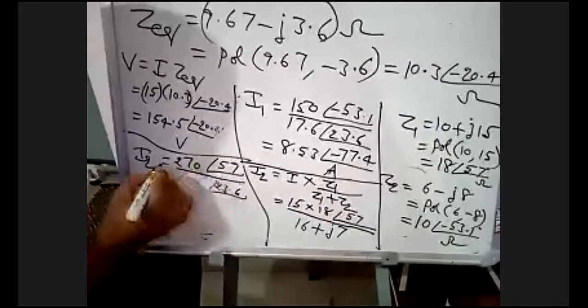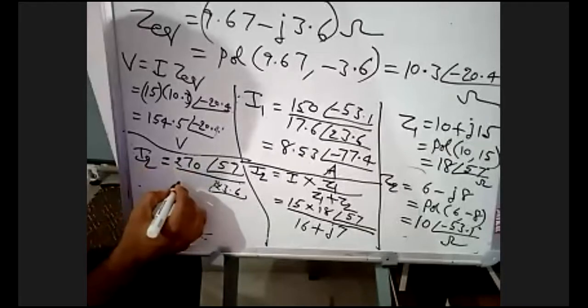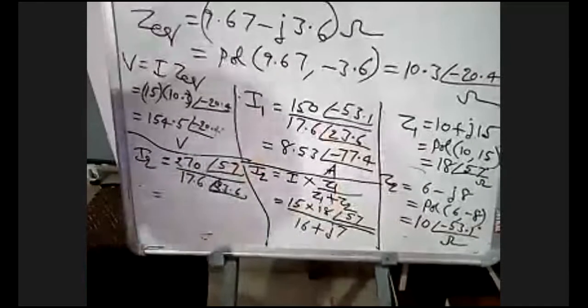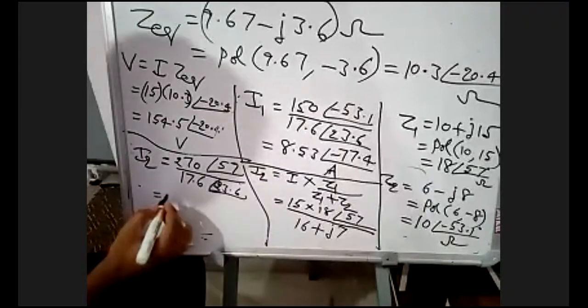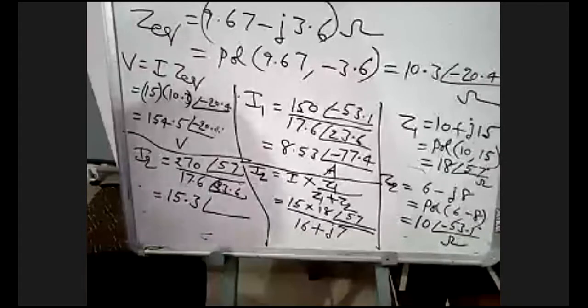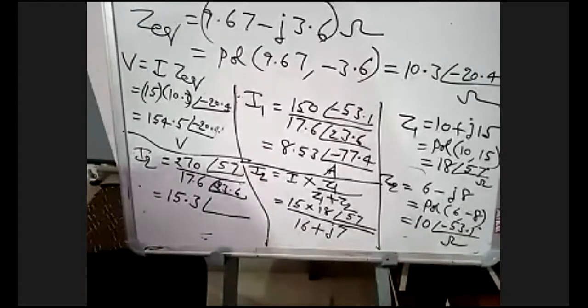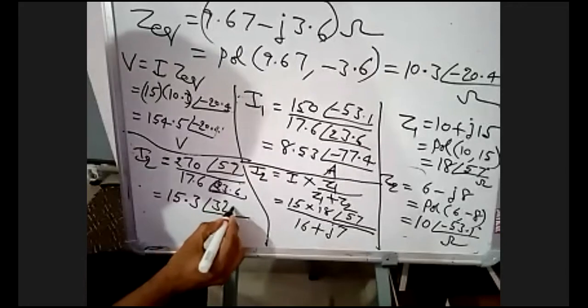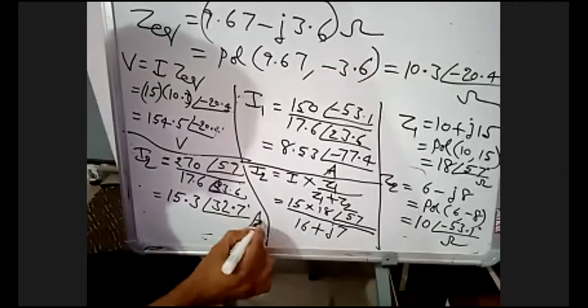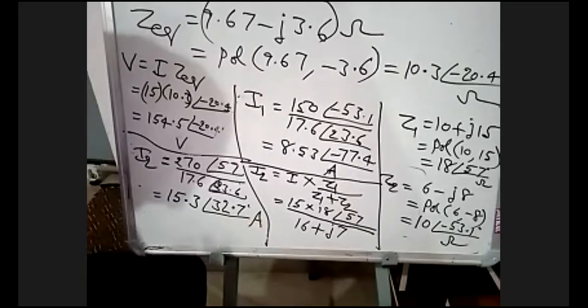Is this 270? Yes, sir. Divided by 17.6, you'll get 15.3. What is 57 minus 23.6? 33.4 or 32.7? 33.